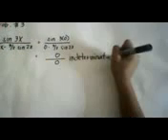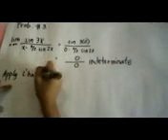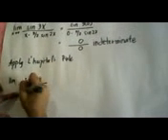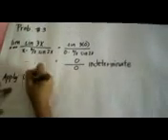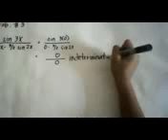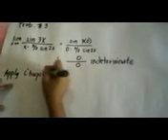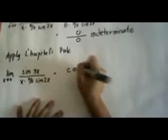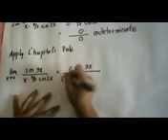Limit of sine 3x over x minus 3/2 sine 2x as x approaches 0. We will get the derivative of our function. The derivative of our numerator is 3 cosine 3x, and the derivative of our denominator is 1 minus 3/2 times the derivative of sine 2x, which is cosine 2x. Then substitute 0.